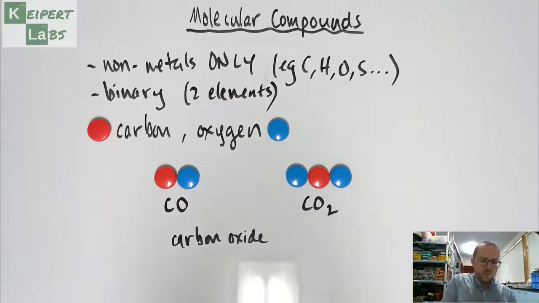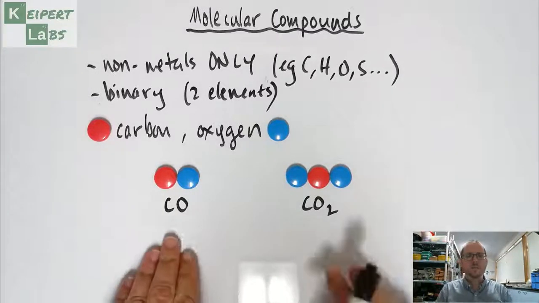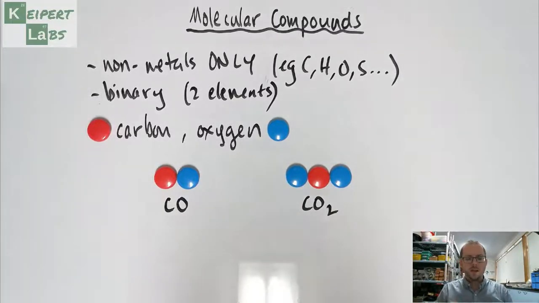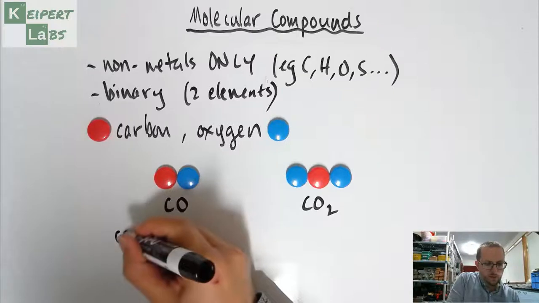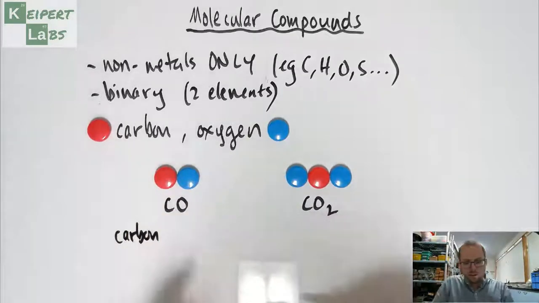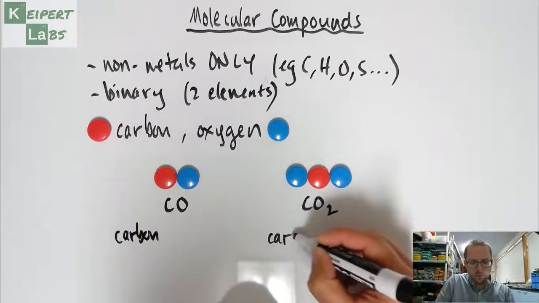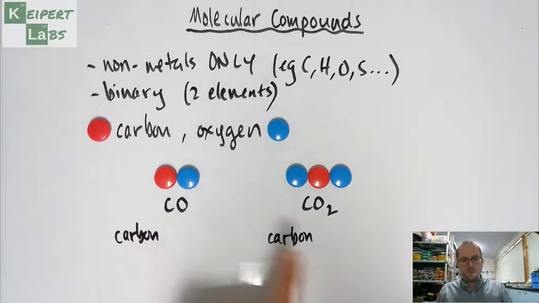So I need to express that I have carbon and oxygen, and also express something about the ratio of carbons to oxygens in my compound. I'm going to start off with carbon, and then something that expresses how many oxygens I have, that I've got 1 here and 2 here.